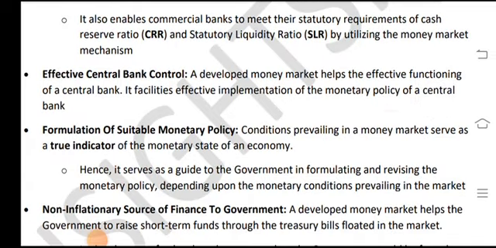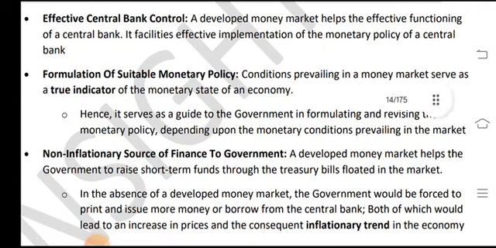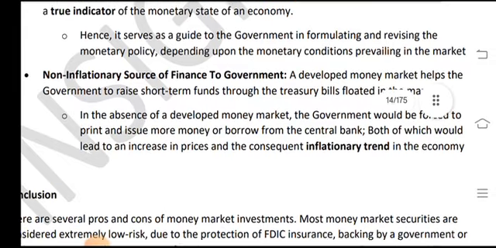It facilitates effective implementation of the monetary policy of the central bank. The conditions prevailing in the money market serve as true indicators of the monetary state of the economy. It serves as a guide to the government in formulating and reviewing monetary policy depending upon the monetary conditions prevailing in the market.